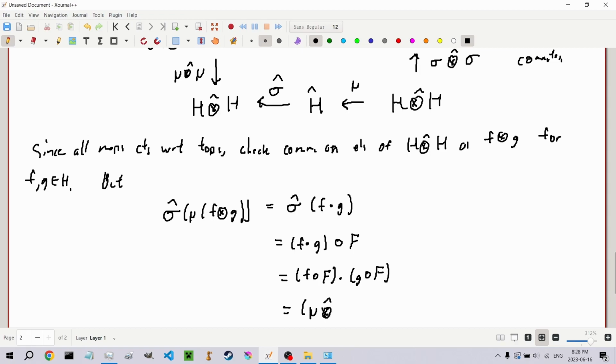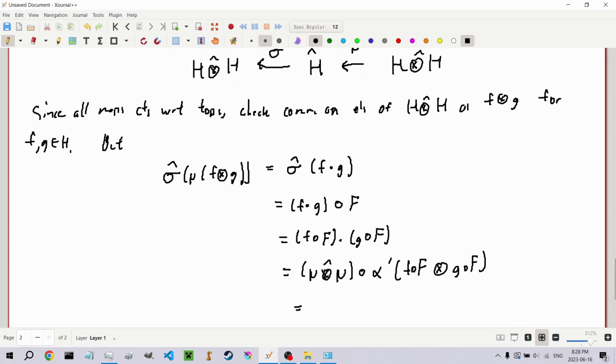Which is mu hat tensor mu on alpha prime of F on F tensor G on F, which is mu hat tensor mu on alpha prime on sigma hat tensor sigma on F tensor G. I thought I missed a bracket somewhere, but they just messed up. And we are done.